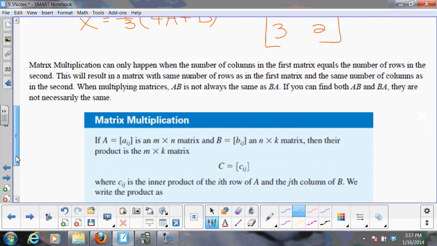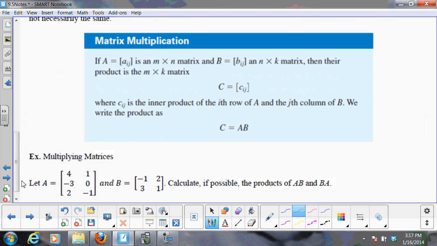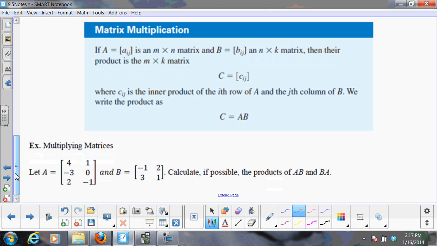Matrix multiplication is a little bit different. It's long. So we're going to do this one, and then usually I just allow you to do it in the calculator because it's kind of tedious. It's like rows by columns.